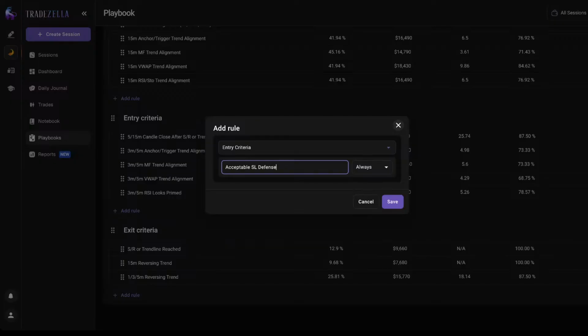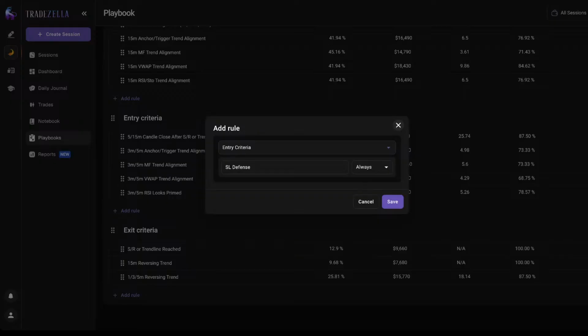I don't know, what should we call this? You know, stop loss has to make sense. Acceptable stop loss defense. Stop loss defense. Something about risk. You know what?